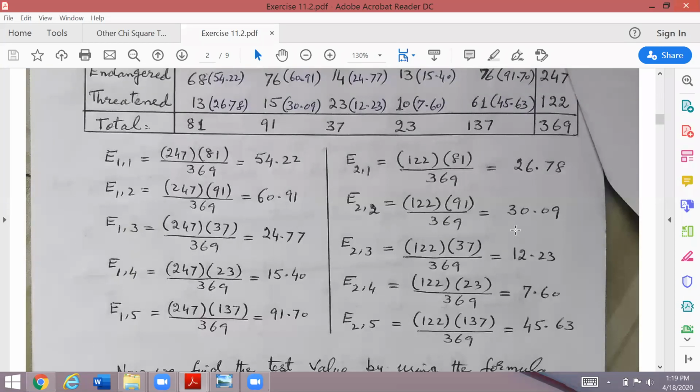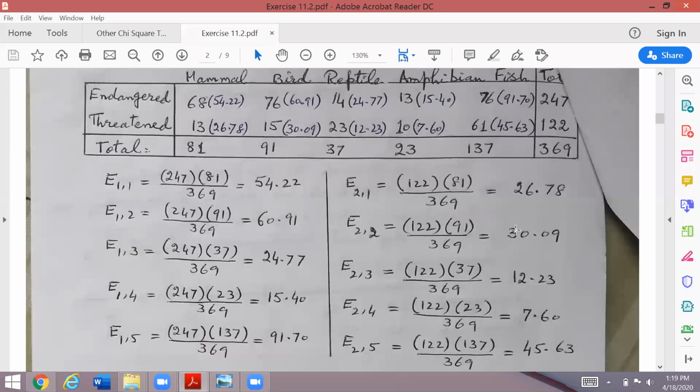After finding all these values, I will advise you. It's not mandatory, not a must, but I'll advise you. Better you follow my advice. Then in that way, you will not be much confused while calculating your test value.